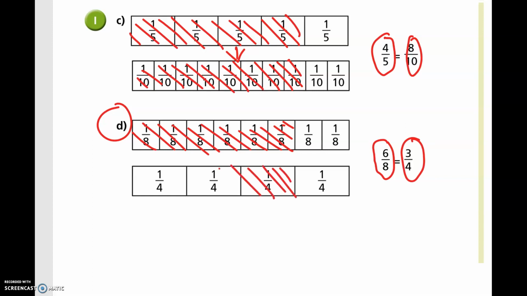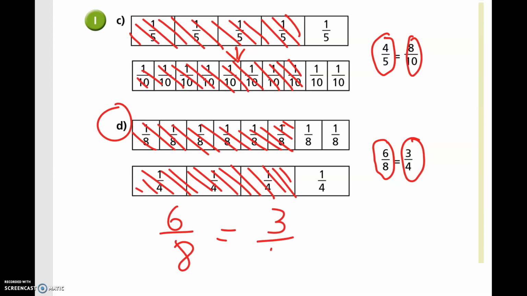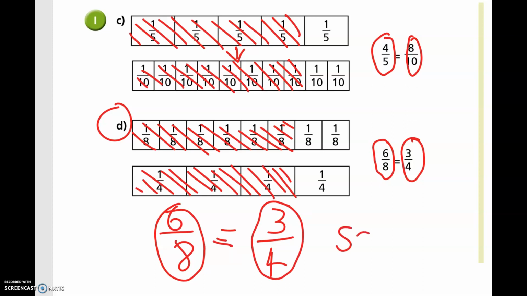So you can see there, they are exactly the same. So we know that 6/8 is just the same as 3/4. And if I said to you, you're going to get 6/8 of the chocolate bar, and your friend is going to get 3/4 of the chocolate bar, that's fair because it is the same. They have different numbers, but they mean the same thing.